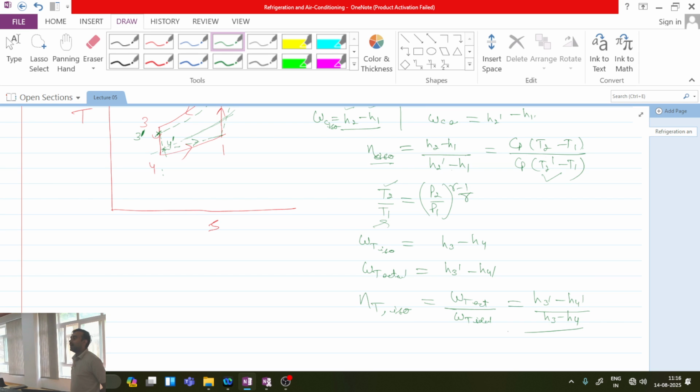Whereas the work producing device will give maximum amount of work during ideal process, and if there is any irreversibility associated, then actual work obtained will be less than the ideal work. So that's why actual divided by maximum possible work defines the efficiency of the work producing device, because for work producing device our objective is to be maximized.